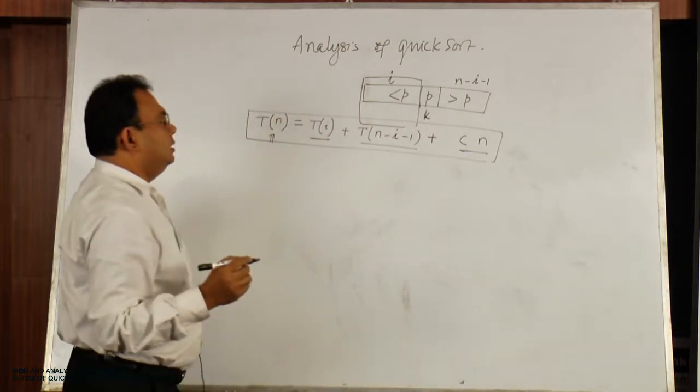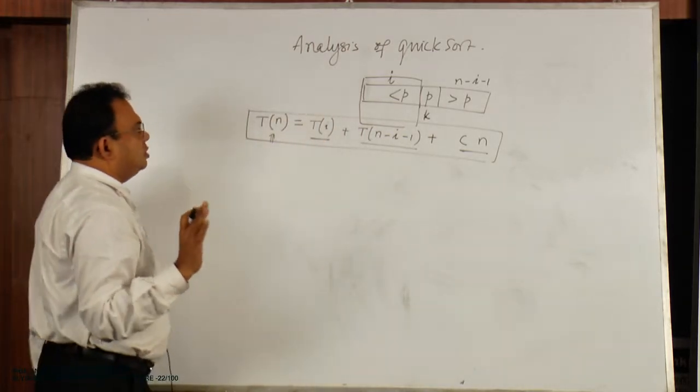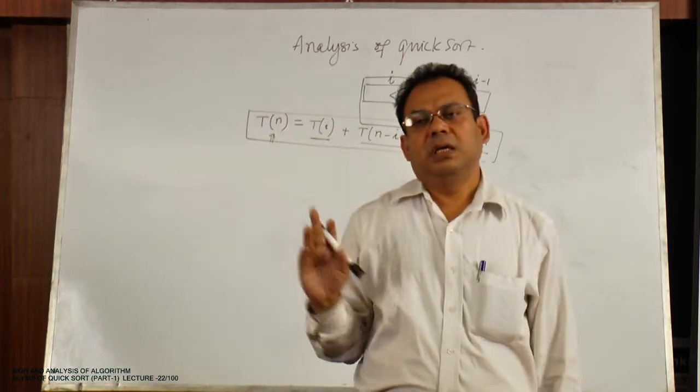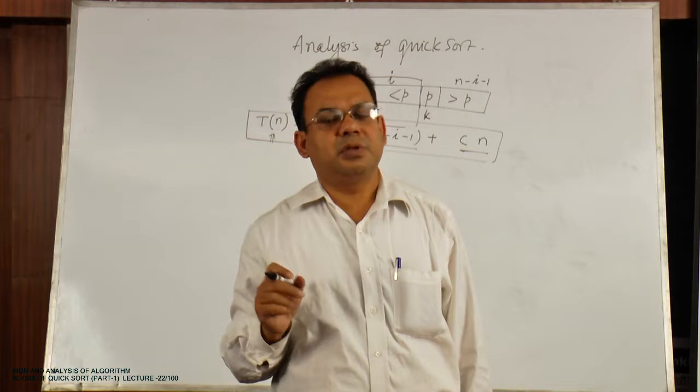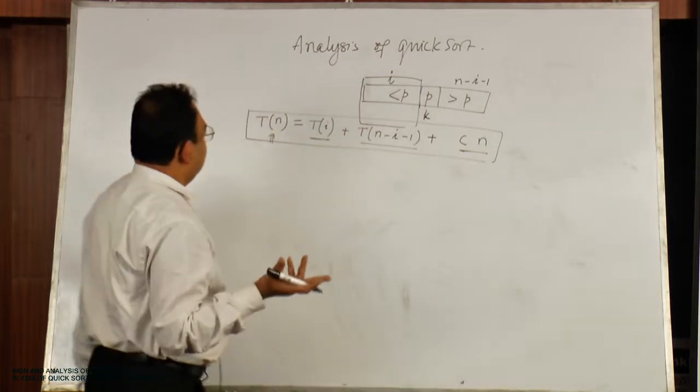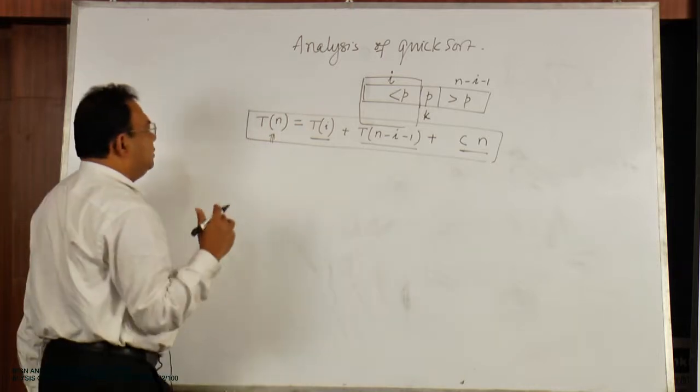Now, consider that various cases are possible, because as we have said earlier, any pivot will work. In the earlier examples, we considered the first element as pivot, but any pivot will work. Now, there are different possible cases.